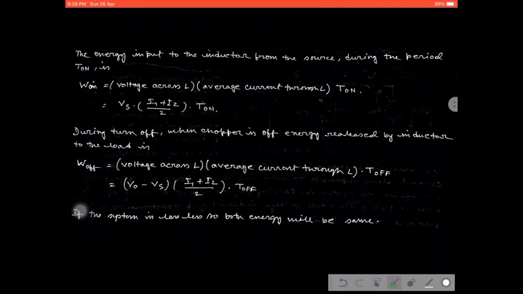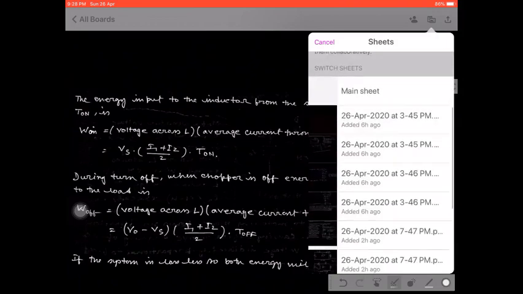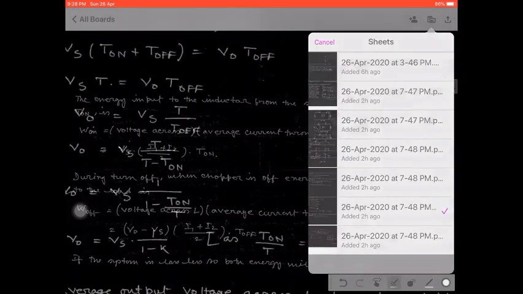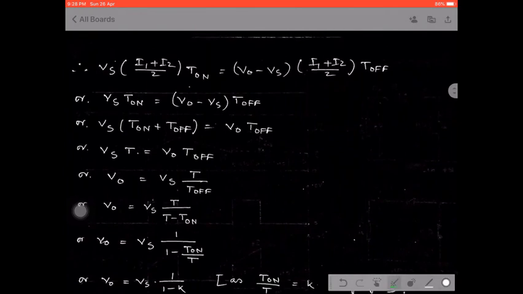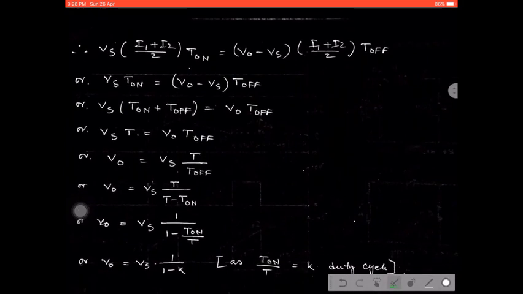As the system is lossless, we consider both energies to be the same, because the inductor stored energy during on and during off will be the same.